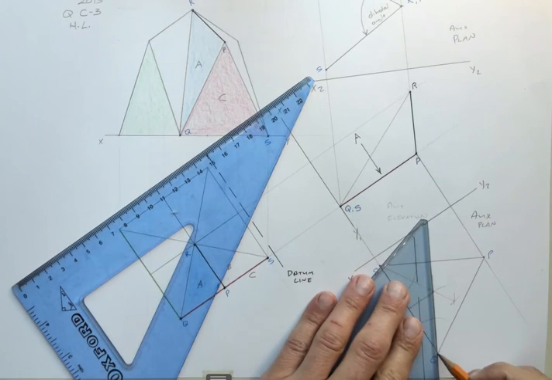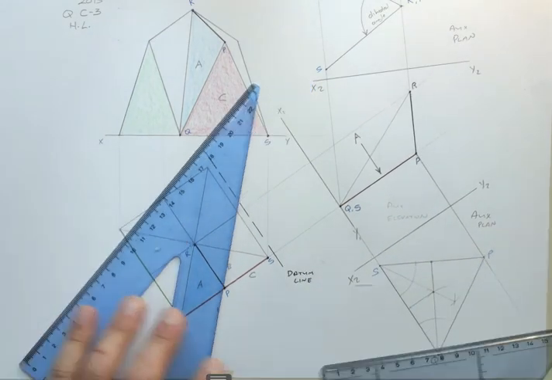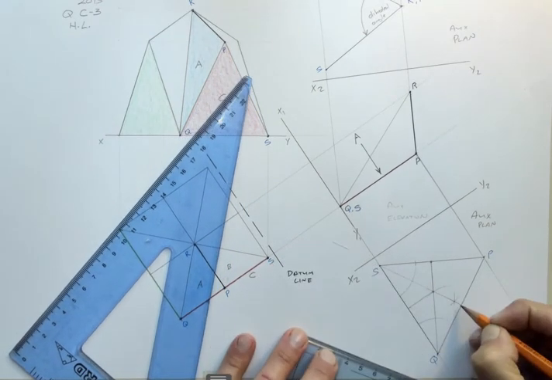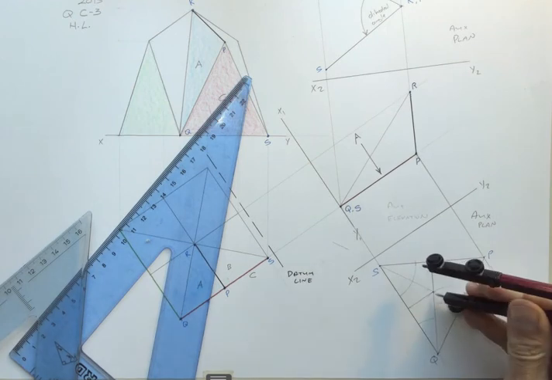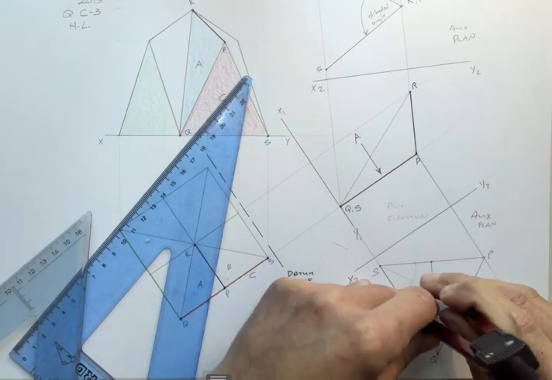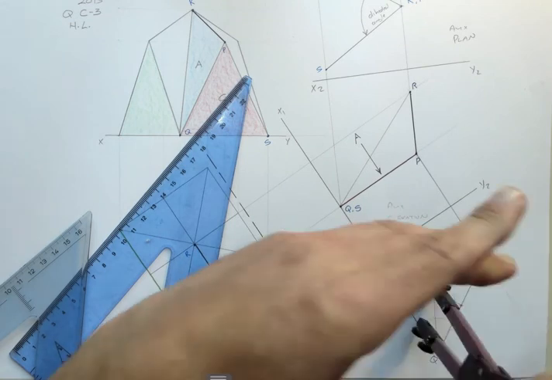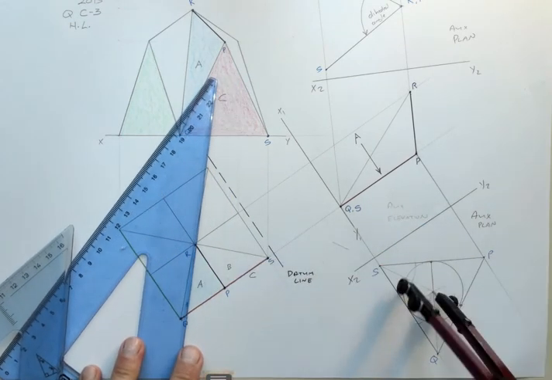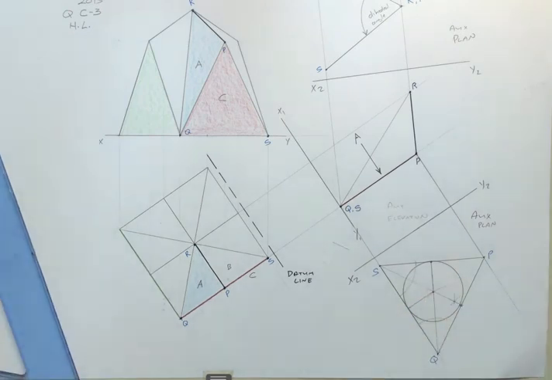And have my point of contact here already. A point of contact on the other side. So that's using auxiliary elevation, auxiliary plan in two different ways to do two different parts of the question. So that's part B and part C done.